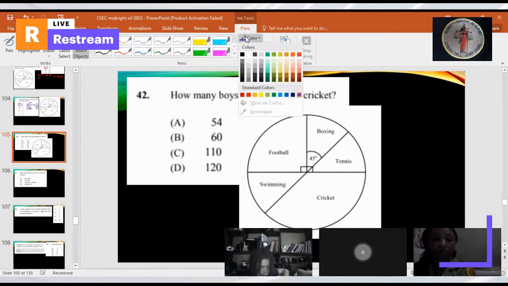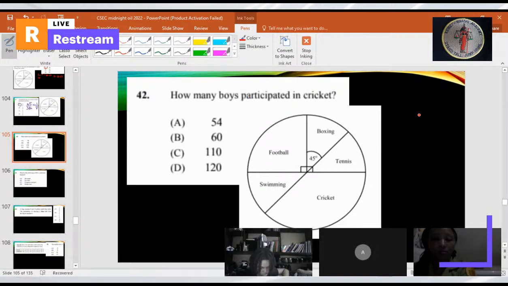Cricket is almost 50%. No, don't estimate the percent. They gave you a degree here. So this is 45, and tennis and cricket make the full 180. So you don't have to estimate. Cricket is 180 minus the 45. So how many degrees is cricket?